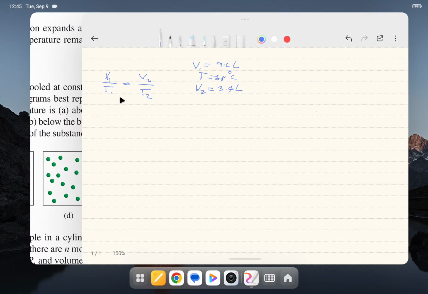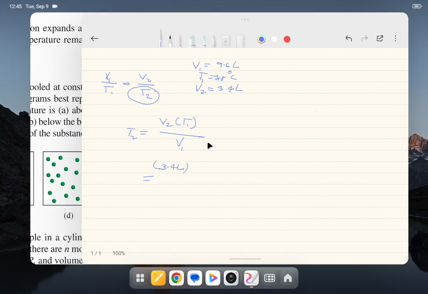Okay, so may I substitute? I'm looking for my T2, so that should be T2 equal to V2 multiplied by your T1, of course, simple algebra, and then divided by V1. So we substitute: 3.4 liters multiplied by your T1, which is 88.